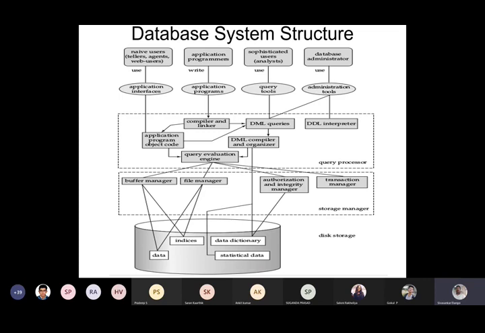So bottom tier, you have a data file to store the actual data. You have data indices that are used for quick and fast retrieval of data. Data dictionary, which is metadata, contains data about the data stored in the database. You have statistical data, which are statistical functions that return statistical information about the data stored in the database.